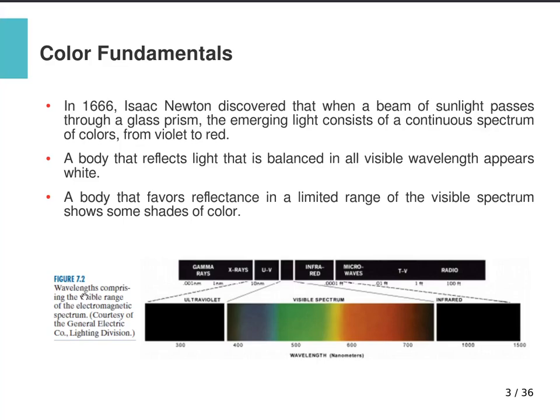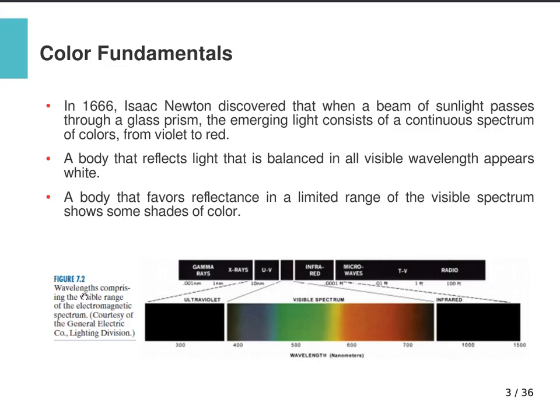So in 1666, Isaac Newton discovered that when a beam of sunlight passes through a glass prism, the emerging light consists of a continuous spectrum of colors, from violet to red. So a body that reflects light that is balanced in all visible wavelengths appears bright, but a body that favors reflectance in a limited range of the visible spectrum shows some shades of color.